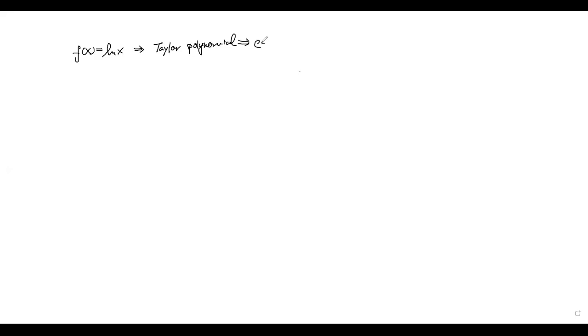In here, we really cannot center at 0, correct? The reason is because the natural log of 0 is undefined. Now I want to find the natural log of 1.5 and the natural log of 2.5.